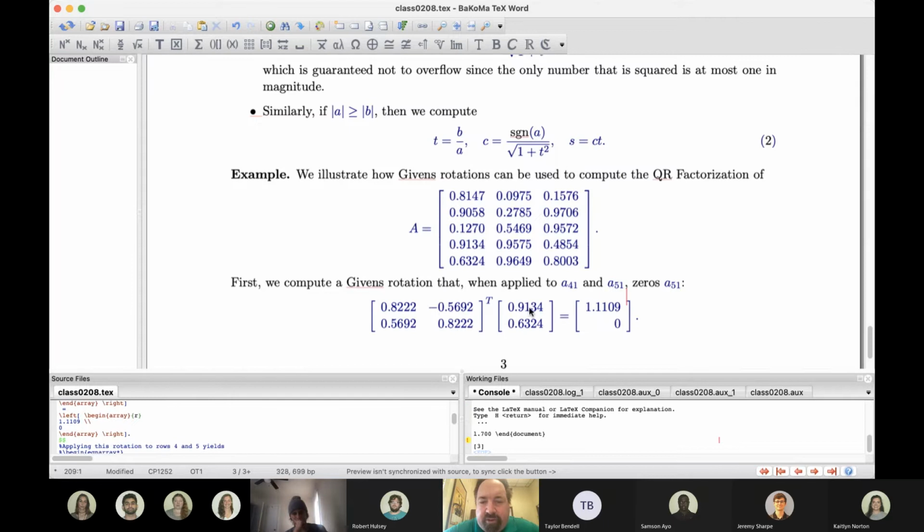So here's my Givens rotation. I take out the 2 entries I want to work with, 4-1 and 5-1. The second entry is the one I want to get rid of, and the other entry is the one right above it. That's why I'm going from the bottom up.